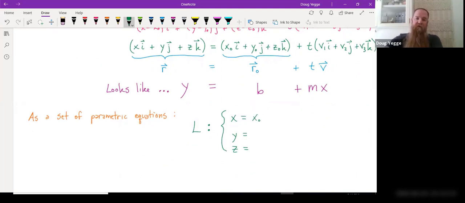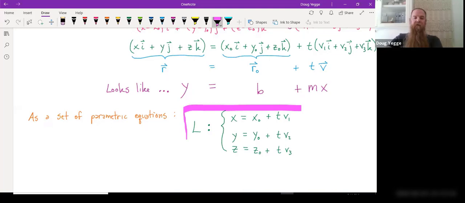So x is the initial x value plus t times the x component of the v value. y is equal to the initial y value plus t times the y component of the direction. And z is equal to z0 plus t times the z component of our direction. And this is the standard way that we're going to be describing lines in space as a set of parametric equations.